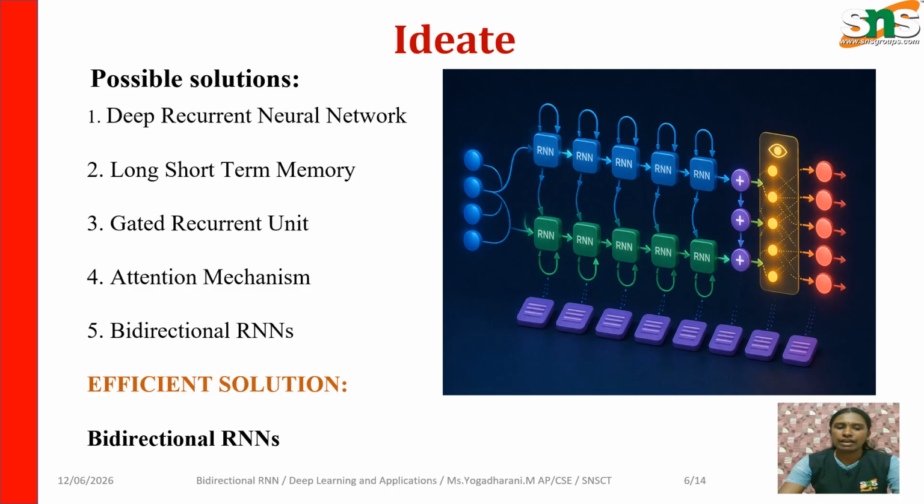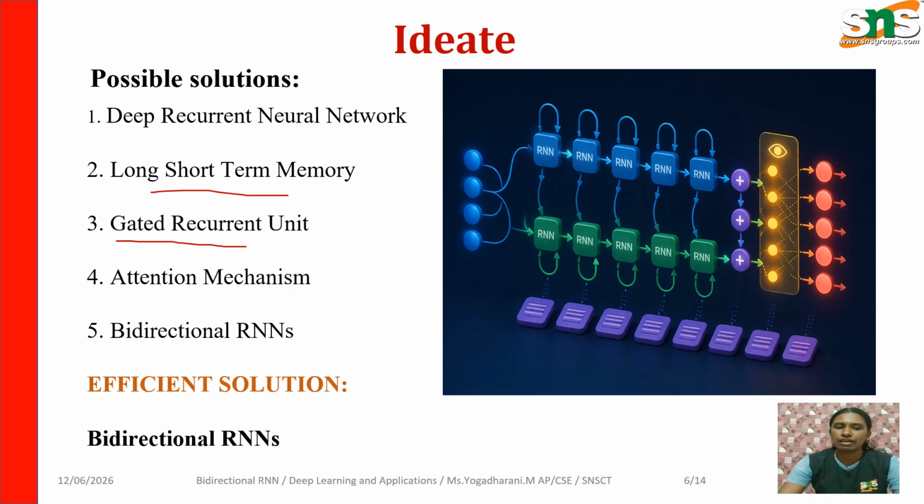Now let us ideate: what are the possible solutions for this problem? Deep recurrent neural networks use multiple recurrent layers. LSTM stands for long short-term memory, designed to remember information for longer periods.